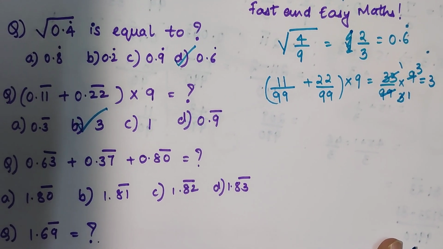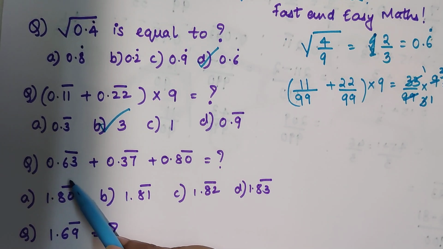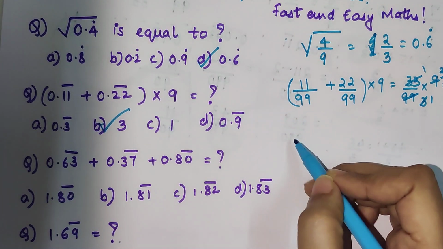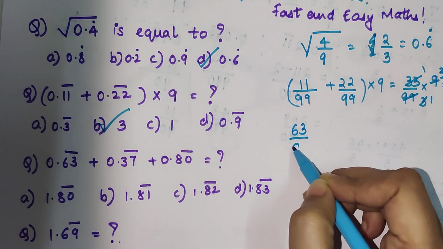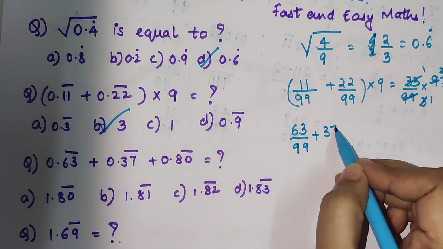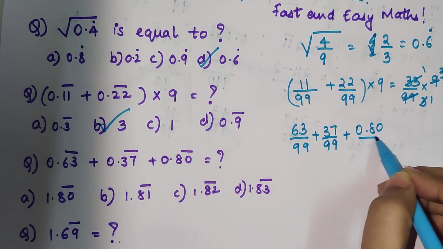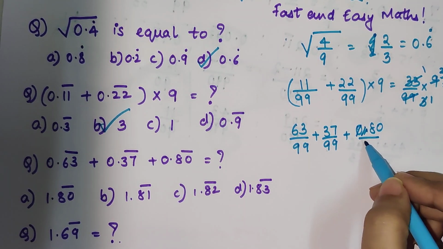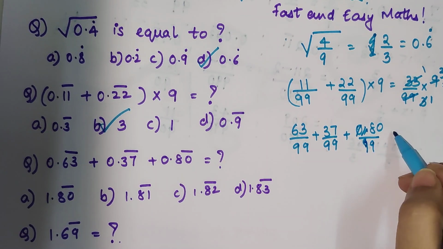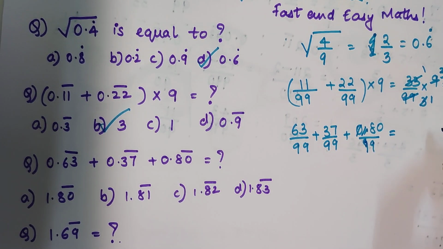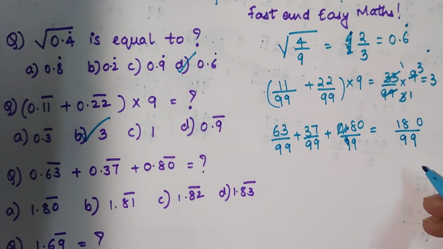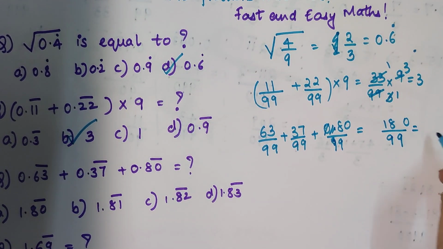Now for this one, 0.63, we can write this as nothing but 63 upon 99 plus 37 upon 99 plus 80 upon 99, which comes out to be 180 upon 99, which can be further reduced to 20 upon 11.